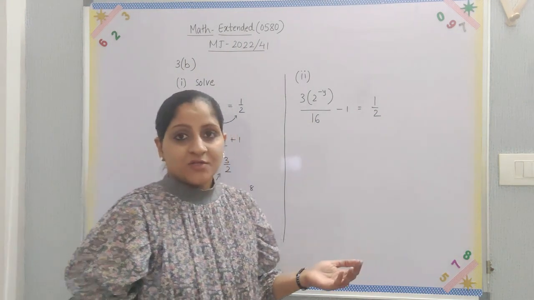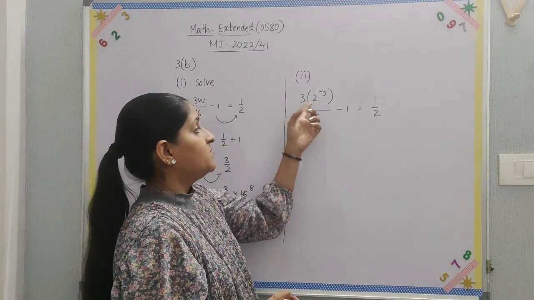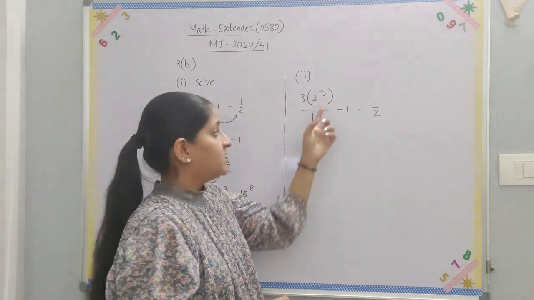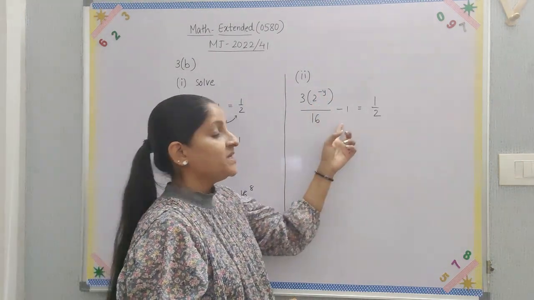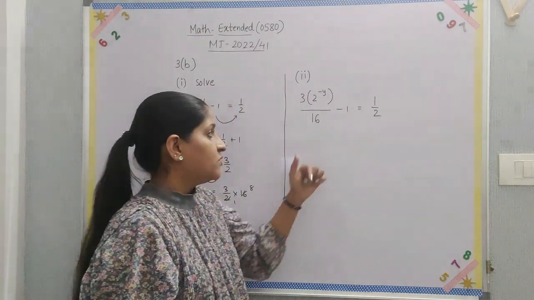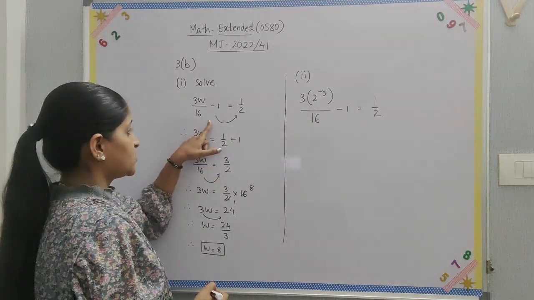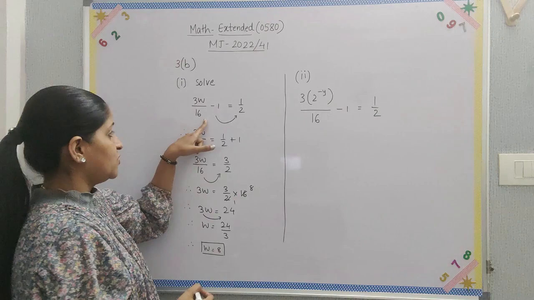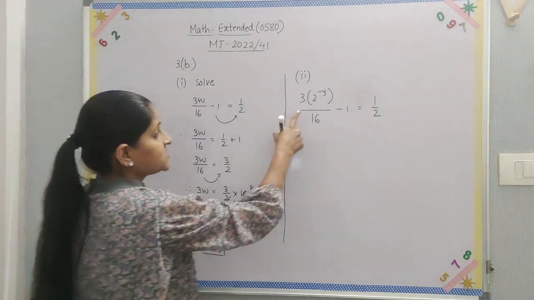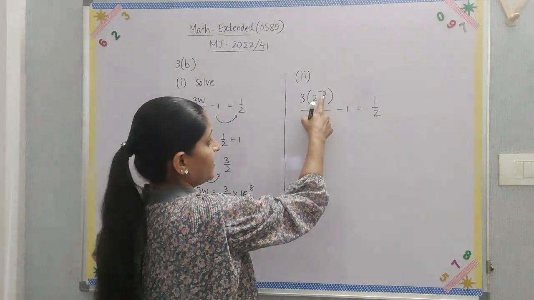Moving to the second part of this video, which is an indices question. It says 3 multiplied by 2 to the power of negative y divided by 16 minus 1 is equal to half. Now what we have to do over here is, since this question is a continuation of the previous question, if you notice, over here it is 3w and over here it is replaced with 3 multiplied by 2 to the power negative y.